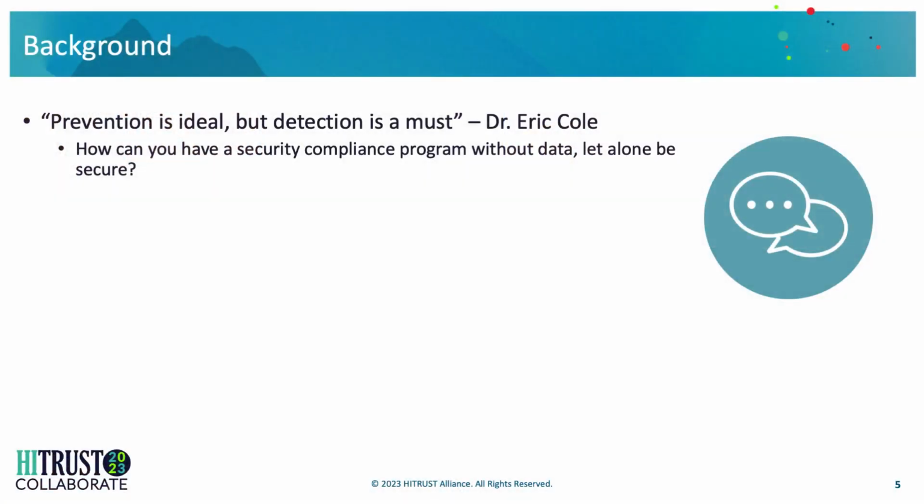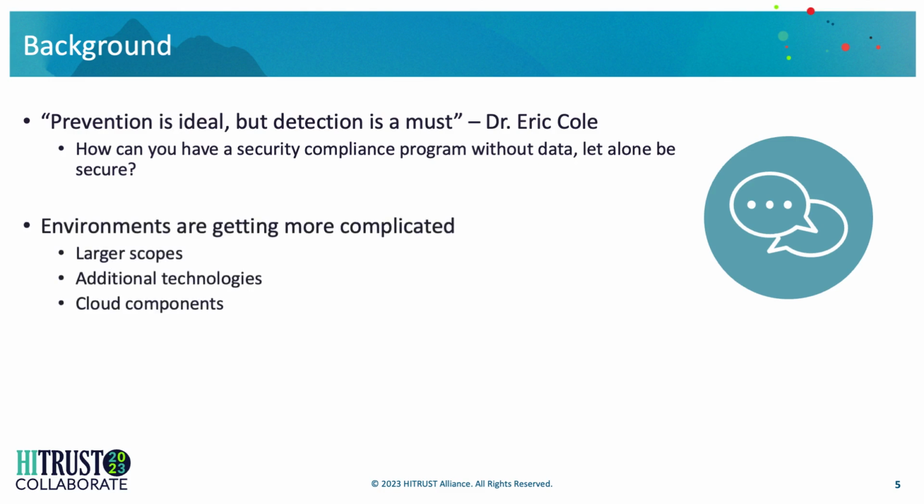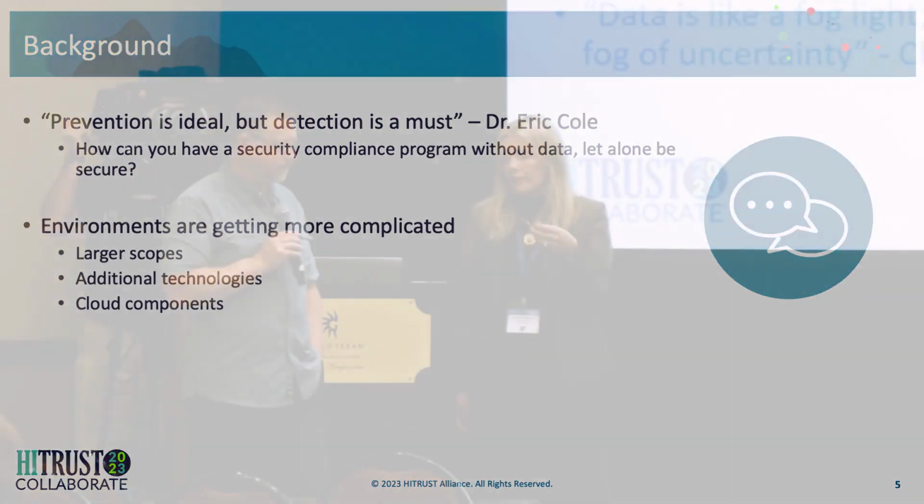So background, why are we here today? I know we identified that most of the people in this room are artifact collectors, so maybe we don't have to make a business case to you. But as we continue to work on HITRUST assessments or any type of compliance activity, what we continue to see over time is the scope and boundaries growing larger and larger. The number of data sources that help support a HITRUST assessment or other compliance assessment continues to grow.